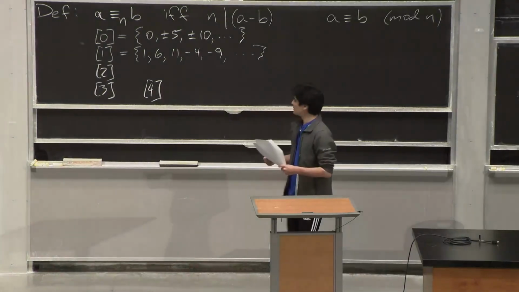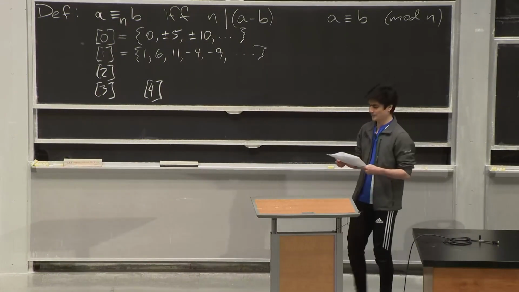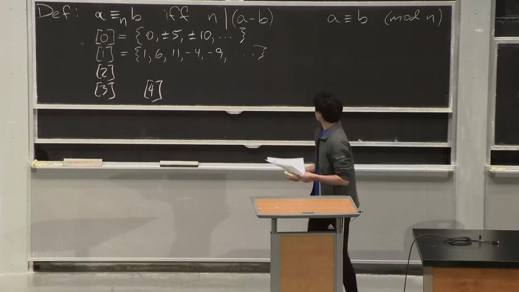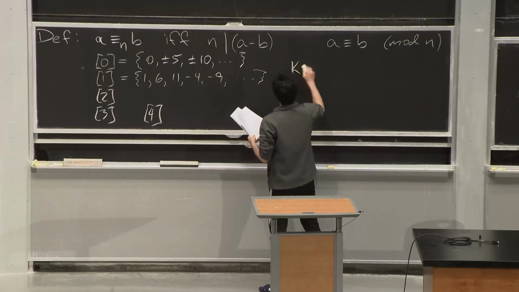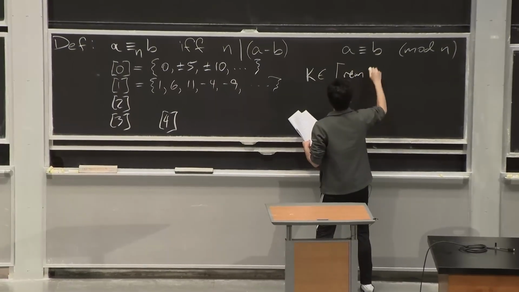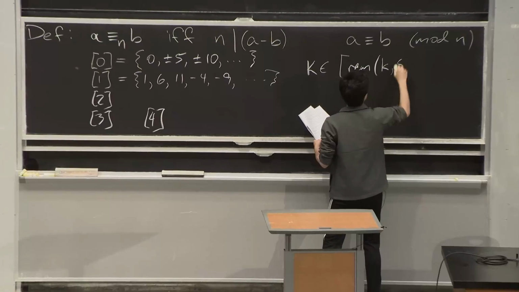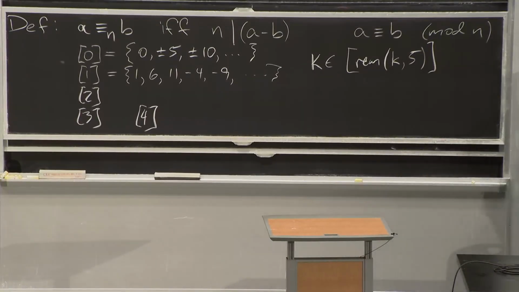Yeah, so the answer was we're going to divide it by the modulus, 5, and look at the remainder. Okay? So a general K is going to be an element of the remainder when we divide K by 5. Does that make sense to everybody?